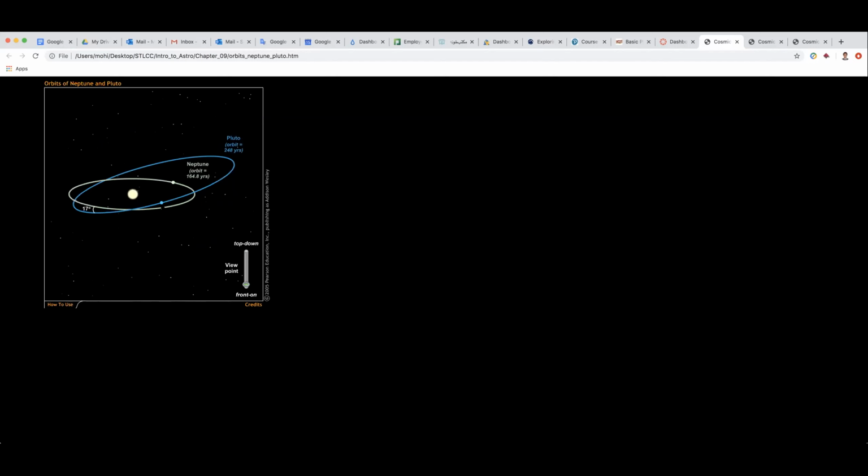Their orbits are about 17 degrees off. This is the plane of the solar system, where the orbit of Neptune is. But see, Pluto is a little bit off. And this is one of the Kuiper Belt objects. Okay, we're going to go to part 2 next.